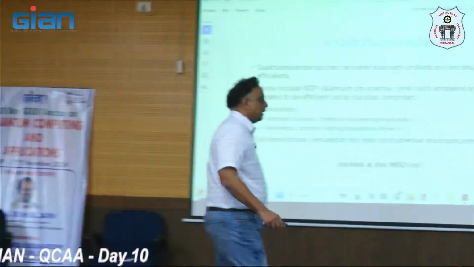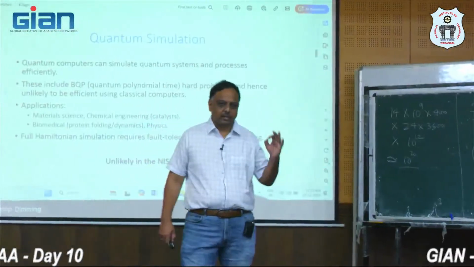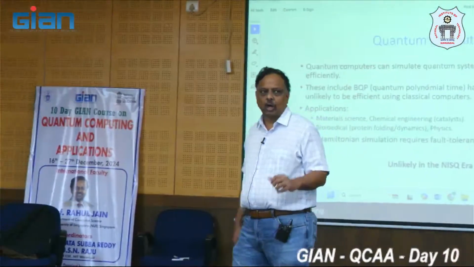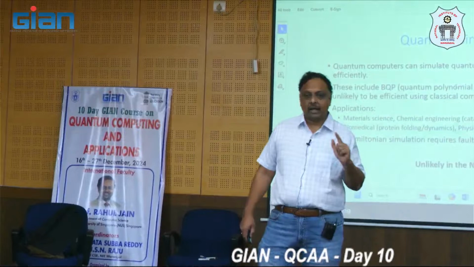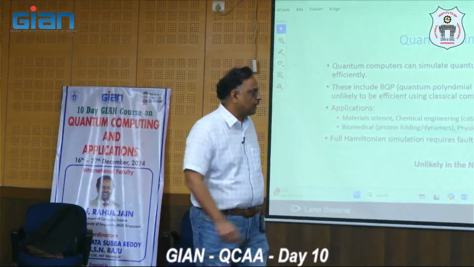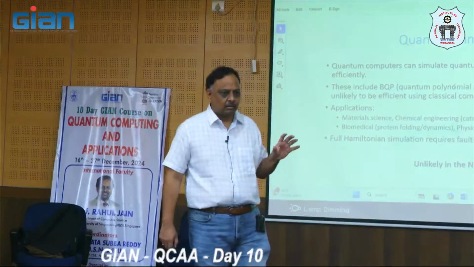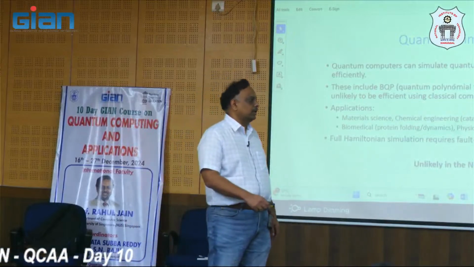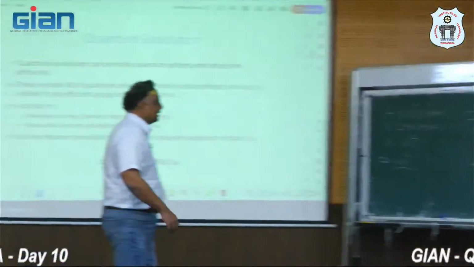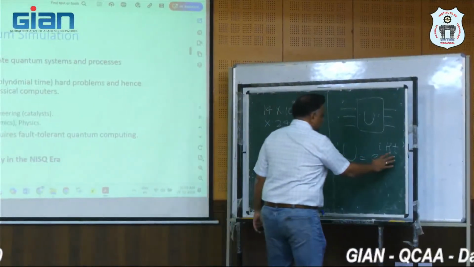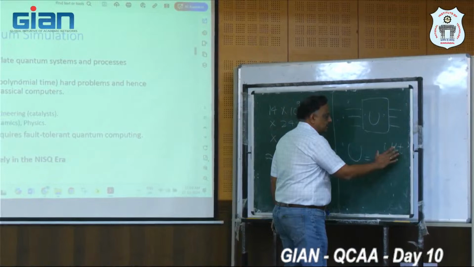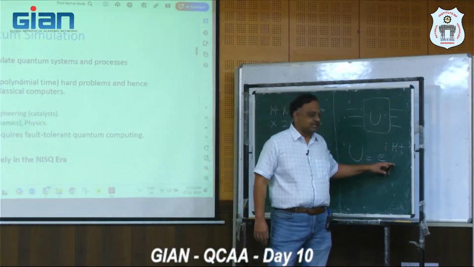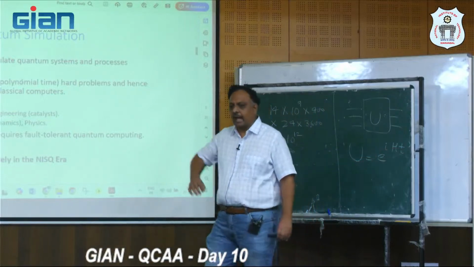You see, H is a Hermitian matrix, which is the Hamiltonian. Hermitian matrices have real eigenvalues. So e to the iHt, where t is a real, non-negative time parameter, has the same eigenbasis as H. And the eigenvalues become what?